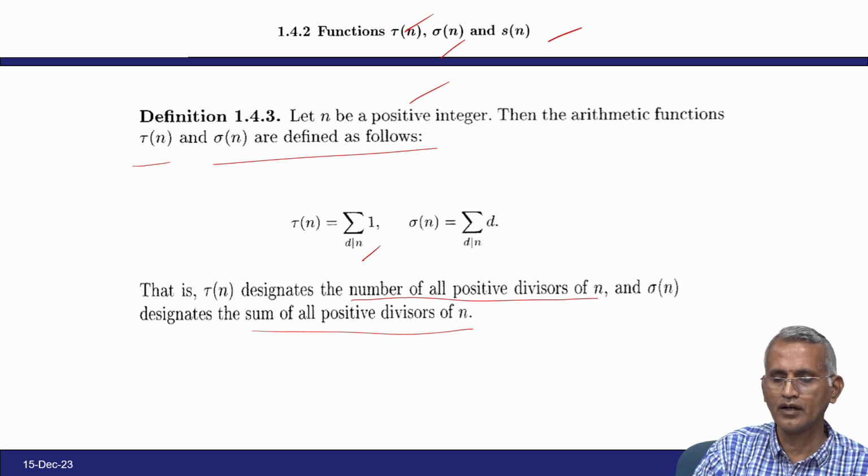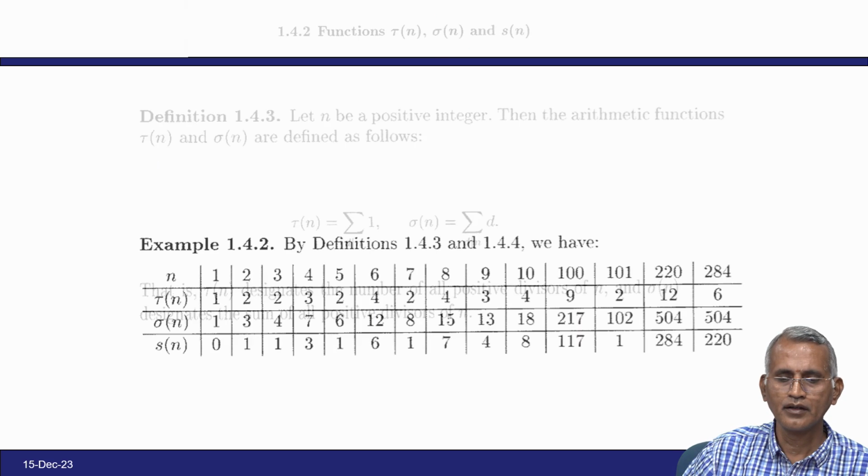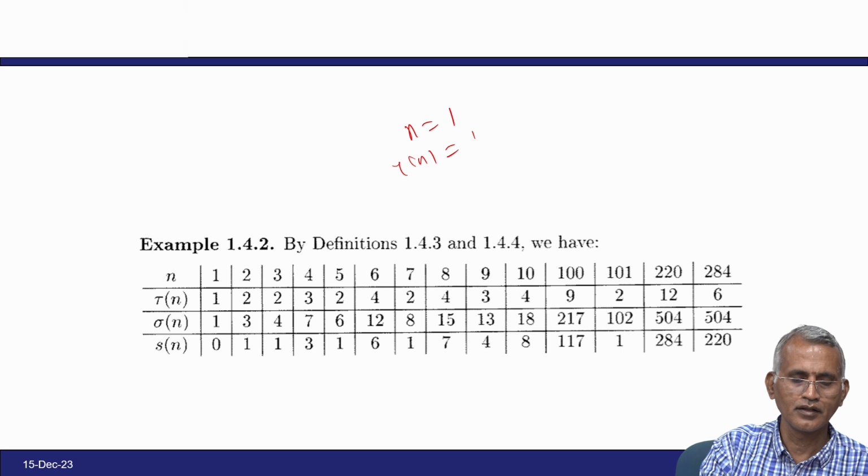Say for example, you take n equal to 1: the number of positive divisors of 1 is 1 only, therefore tau of 1 is 1. Similarly, the sum of all positive divisors of 1 is 1.